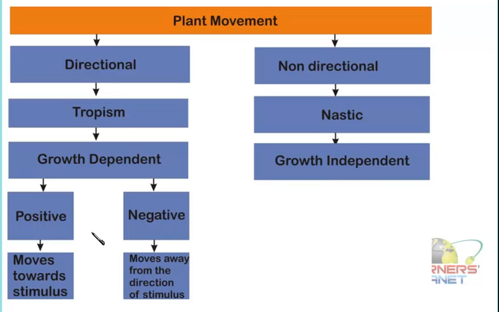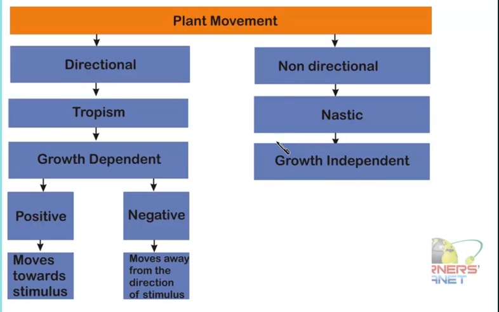Suppose there is an increase in the length of the stem. This increase in length is observed as growth, but if it bends towards the stimulus or away from the stimulus, then it is known as positive or negative tropism. Whereas in the case of nastic movements, no such positive or negative things are observed, as these are independent of the direction.